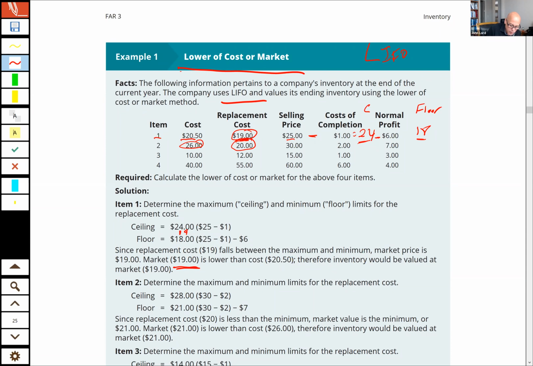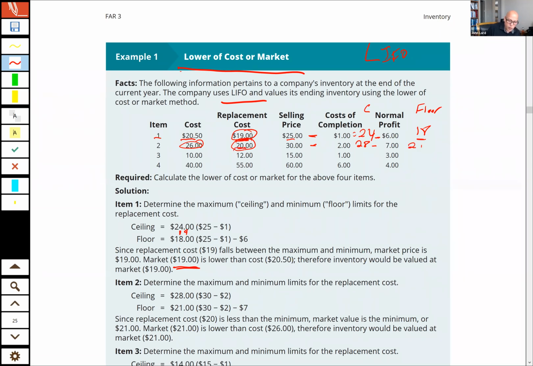They tell me replacement cost is 20. But I have to evaluate replacement cost, make sure it's not over the ceiling, make sure it's not below the floor. When I look at my cost to complete off my selling price, I get a ceiling of what? 28. Good. I subtract the $7 in normal profit. That gives me a floor of 21.